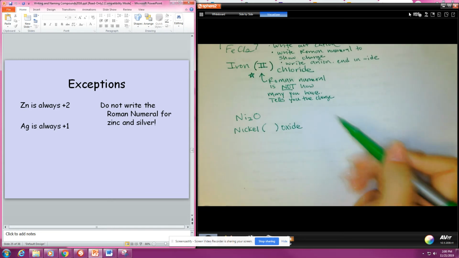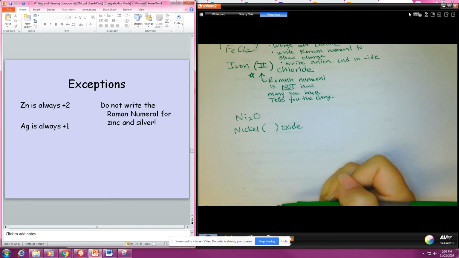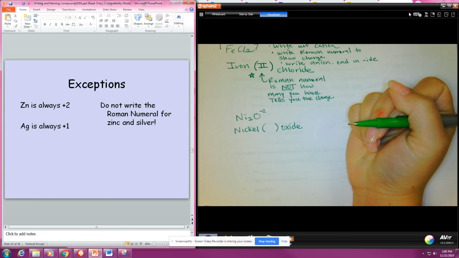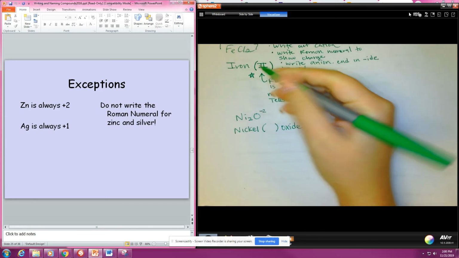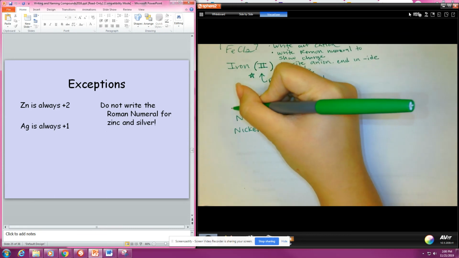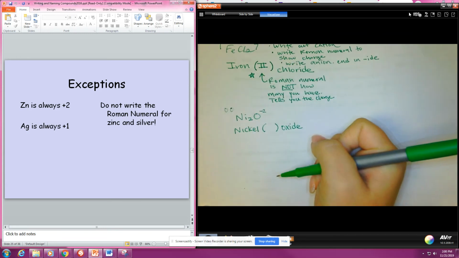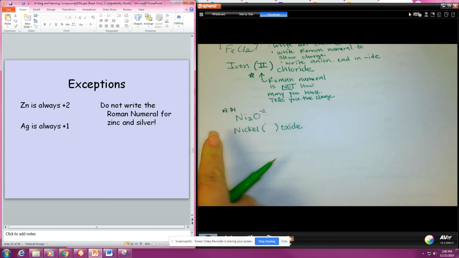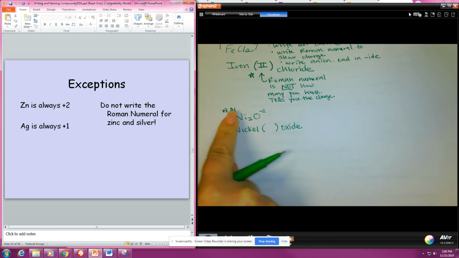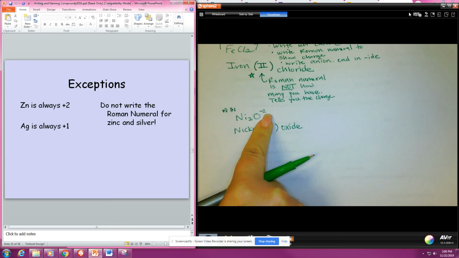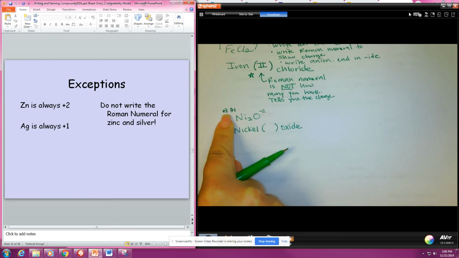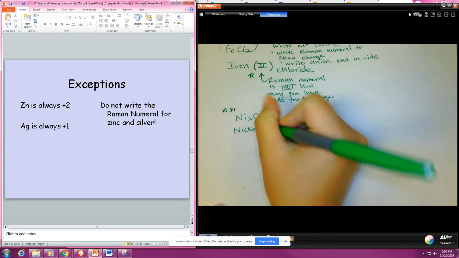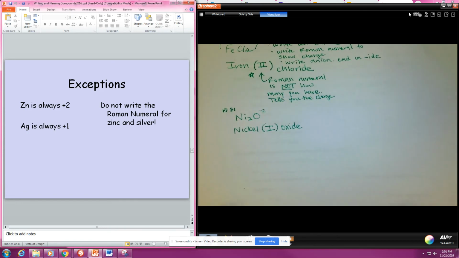Now I have to do a reverse crisscross to figure out what that charge is going to be for nickel. So oxygen, there's just one. Oxygen's a -2 charge. And then over here, I have 2 nickels. So I have 2 things that have to add up to a -2 charge. If they are both +1, that would be a total of +2, which does cancel out the -2. So since there's 2 nickels that have to work together to cancel out this -2 charge, they're both going to be +1. So this is nickel 1, oxide.